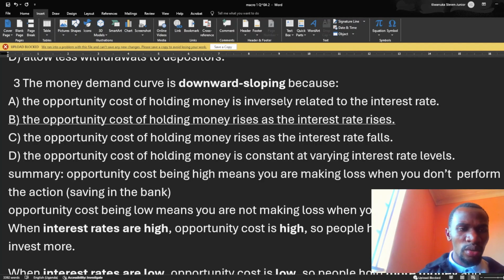That means when you keep your money, you're making losses. When the interest rates are high, the opportunity cost is also high, so people hold less money and invest or save more.